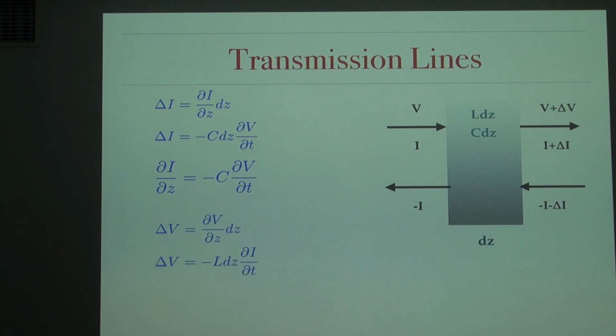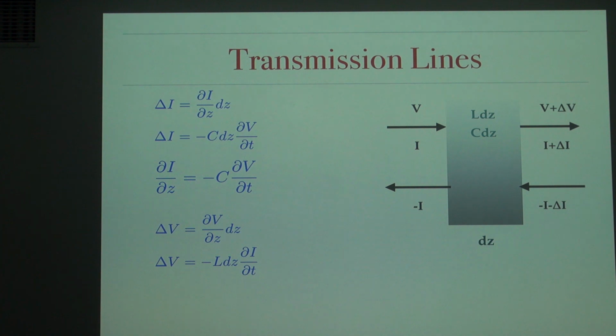So let's now calculate the change of the voltage. The change of the voltage is the derivative of the voltage, and the voltage change is proportional to the impedance times the time derivative of the current.